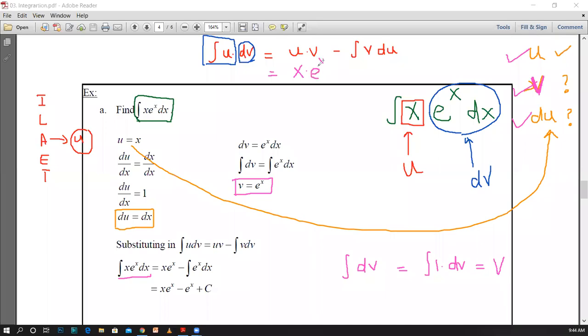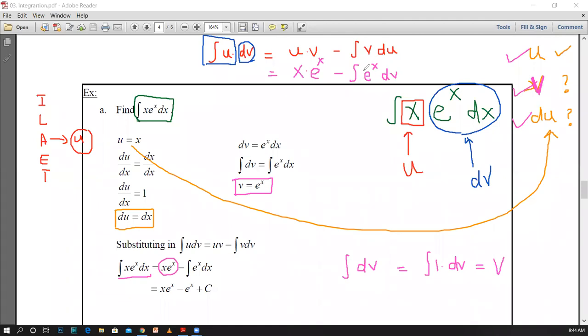Here I have obtained the same quantity, x times e to the power x. Then, minus the integral of v, which was e to the power x, and du, which was dx. The value of du was equal to dx.